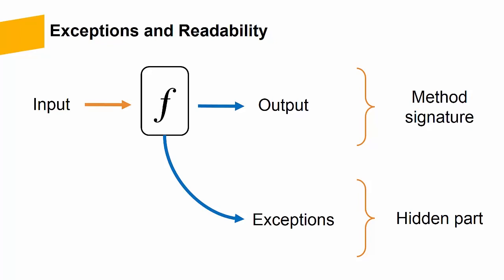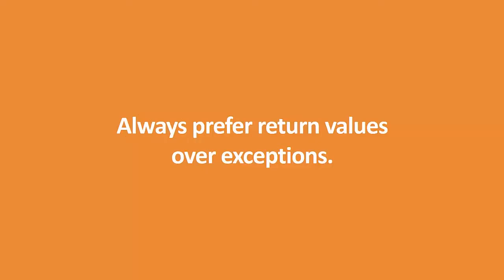To fix this situation, we can adhere to this guideline saying that we need to always prefer return values over exceptions. Unfortunately, in languages like C#, the C# language itself doesn't help us to adhere to this principle, because it's pretty easy to overlook a value returned from a method.